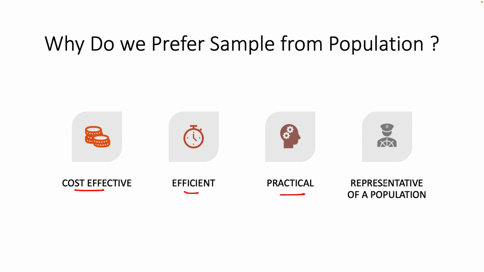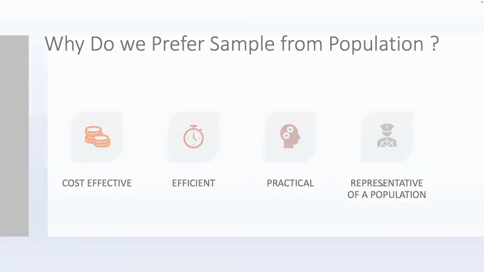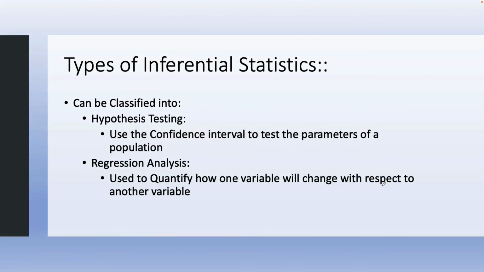Now, inferential statistics can be classified into hypothesis testing and regression analysis. When we say hypothesis testing, we will be using the confidence interval to test the parameters of a population. And when we say regression analysis, we will be using it to quantify how one variable will change with respect to another variable.